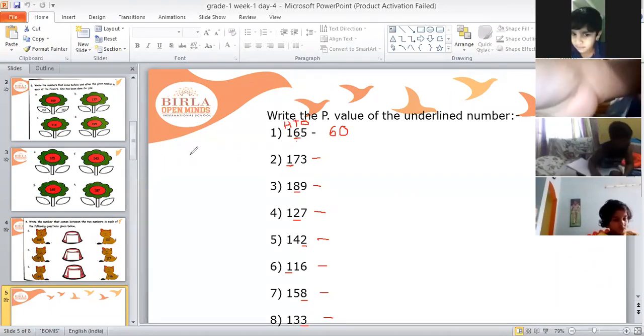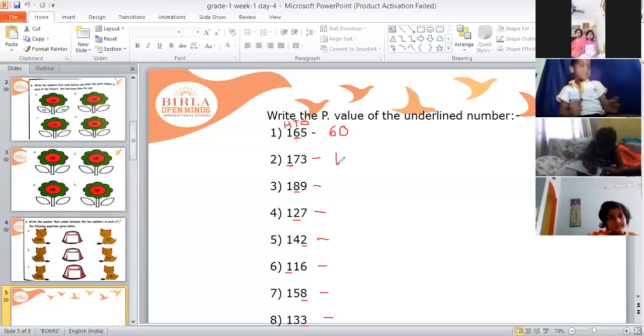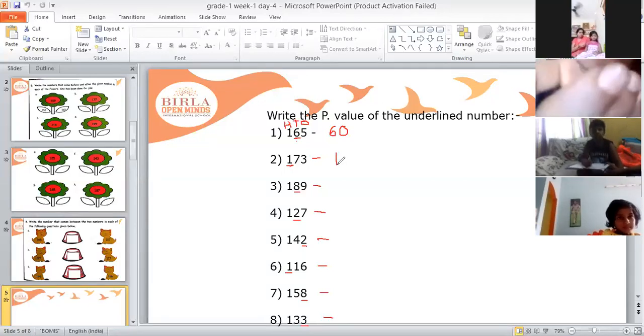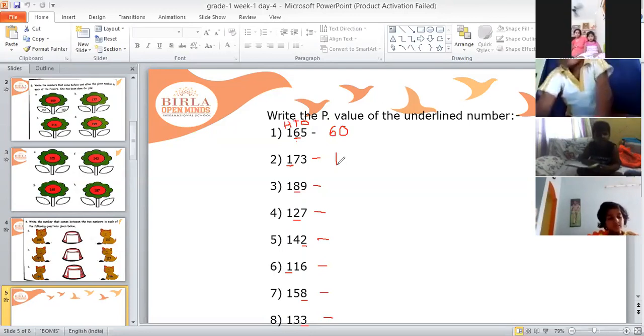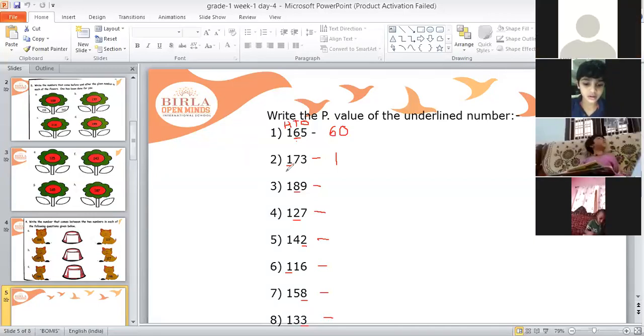Siddharth, you tell me answer for second bit. What is the underlined number here in bit second? 1. So we will write that 1 here. And what is the place of this one in number 173? Siddharth, tell me what is the place of this one here? Is this one in 1's place, 10's place, or 100's place? 100's place.